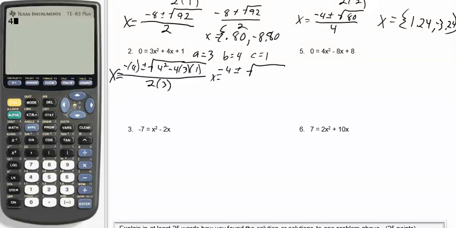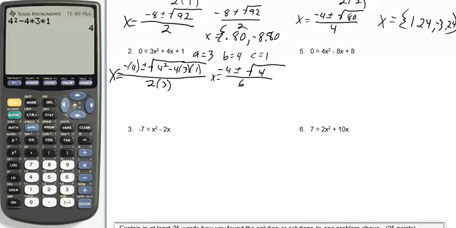So 4 squared minus 4 times A times C, and we get 4 all over 6. This was not the problem I thought it was, but that's okay. So this one's pretty simple.